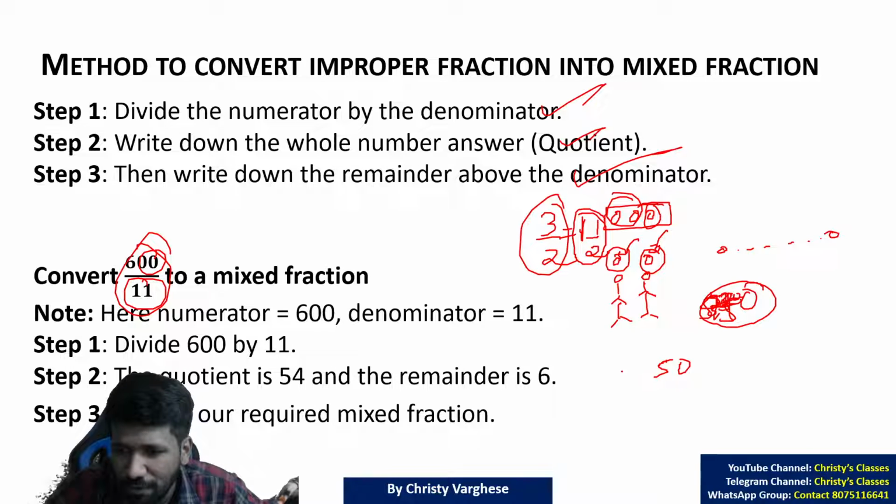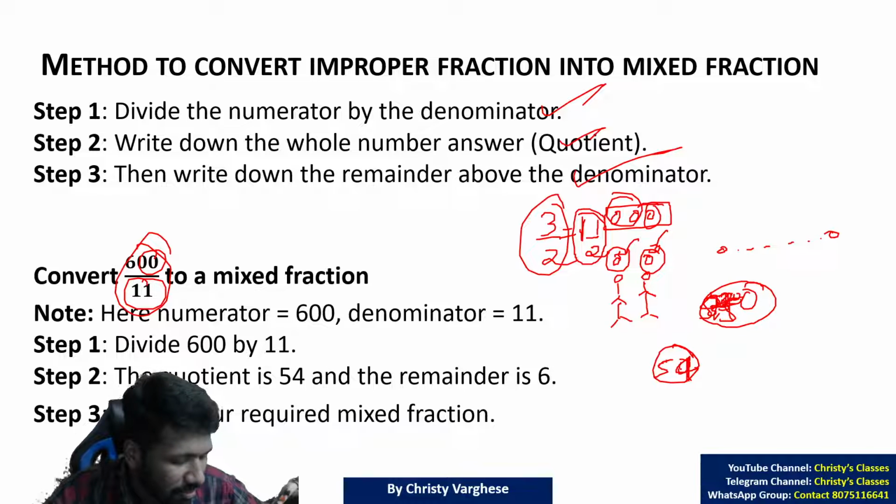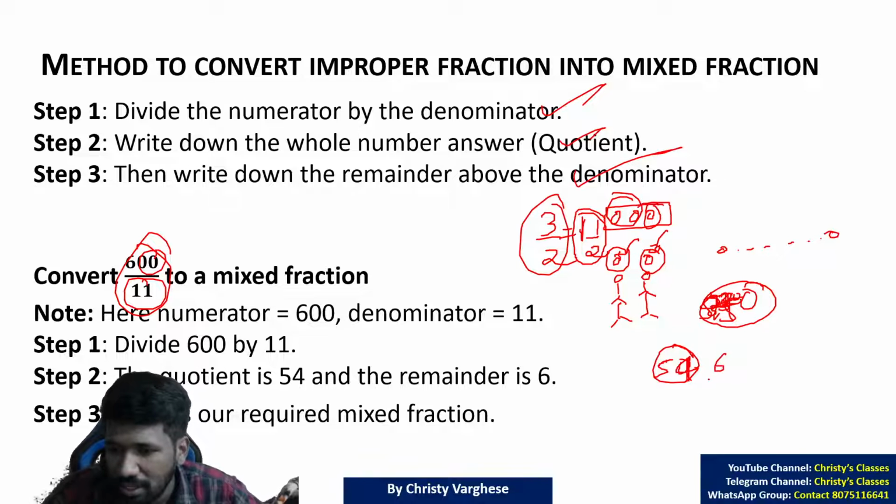Those 50 mangoes have 4 more quotient in them, because 50 divided by 11 is 4, 44 by 11, 4. So 50 plus 4, 54. Then what is remaining? 6 mangoes remaining. That cannot be divided equally. So you put 6 by 11. That is 54 and 6 by 11.